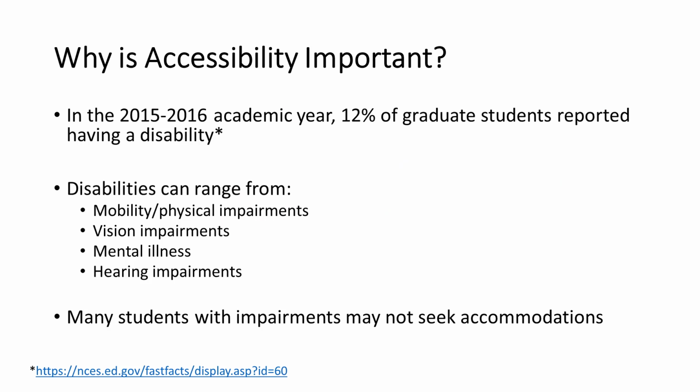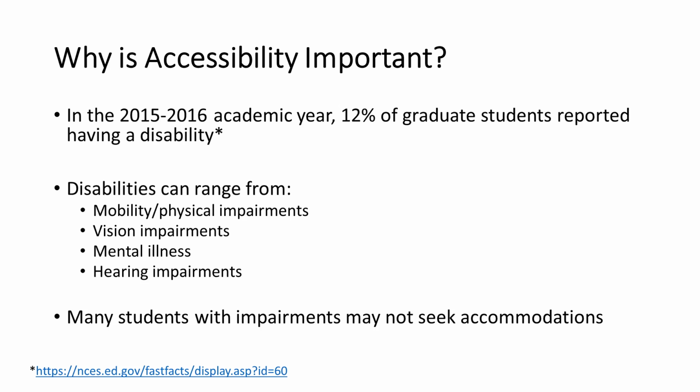So first of all, let's talk about why accessibility is important. It is the law that all of our courses be accessible to all students. During the 2015-2016 academic year, about 12% of grad students reported having a disability.